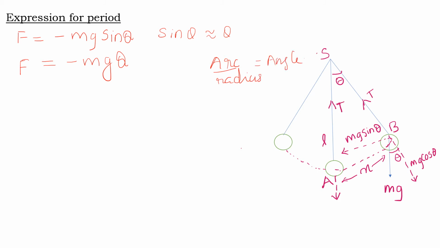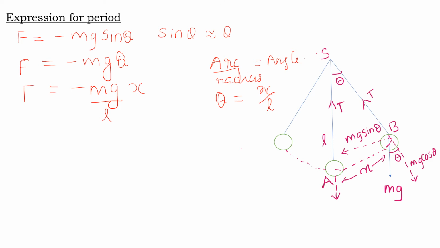Here the angle theta can be represented as, the arc will be x and the radius is L. Therefore, we can write theta is equal to x divided by L. That is, the force can be represented as minus mg x divided by L.